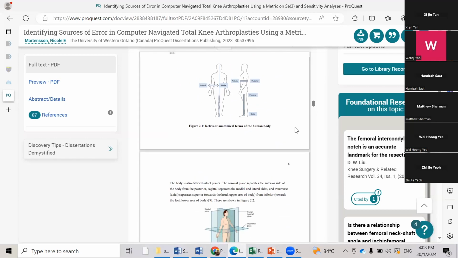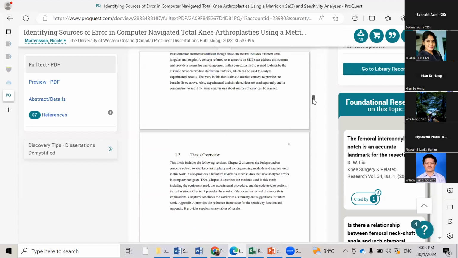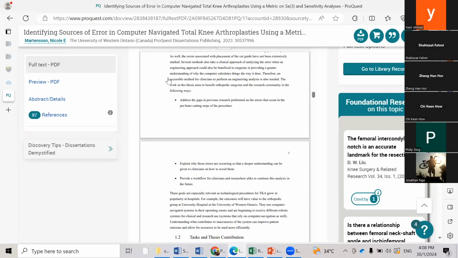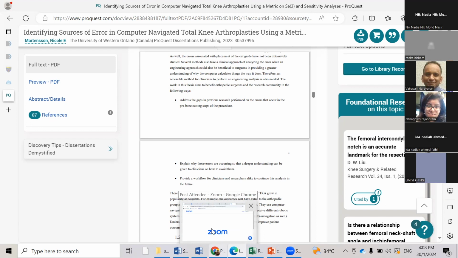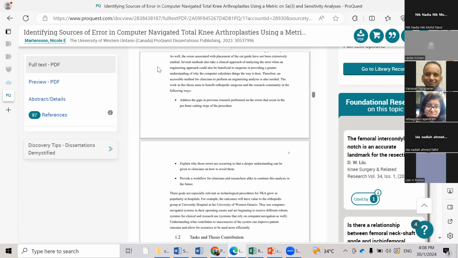I will also share with you where you can get all these example theses in our next session, because we don't have much time now. Everything about the search will be in the next session.